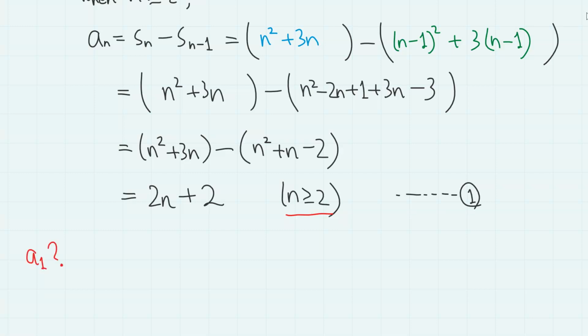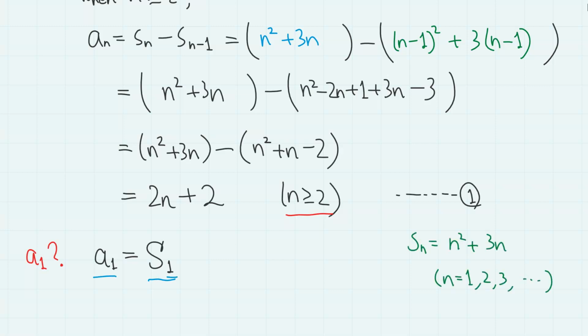Then how do we find the first term a1? Well, we use the fact that a1 is just S1 because the sum of the first one term is just the first term itself. And it is given that the expression for Sn holds for all natural numbers n. So we simply substitute n equals 1 in this expression to obtain 1 squared plus 3 times 1, which is 4.